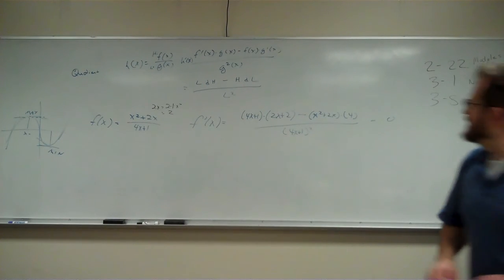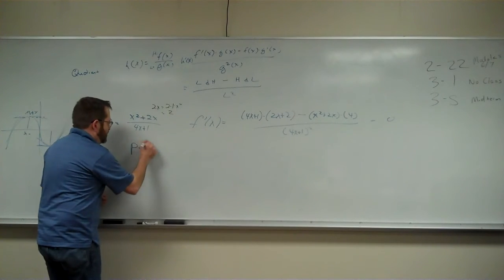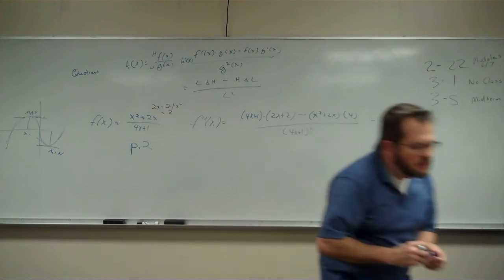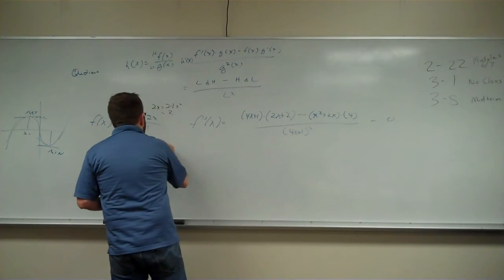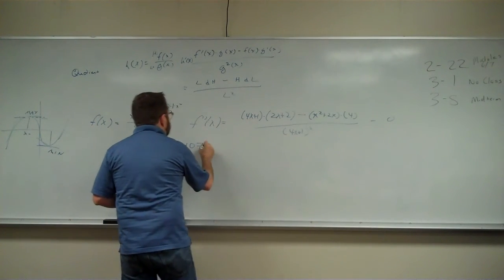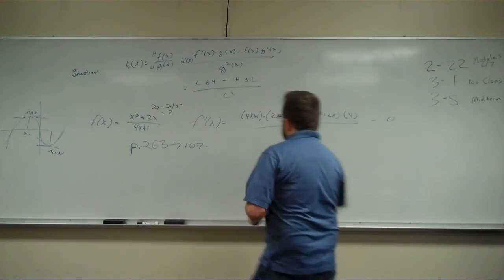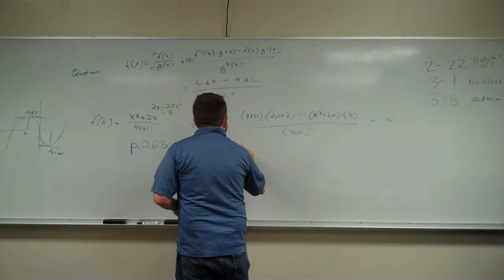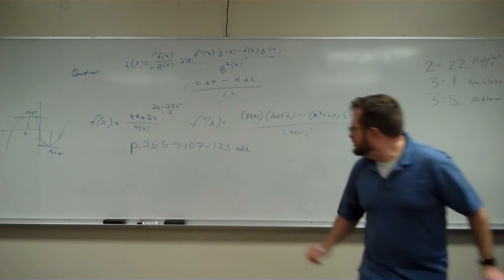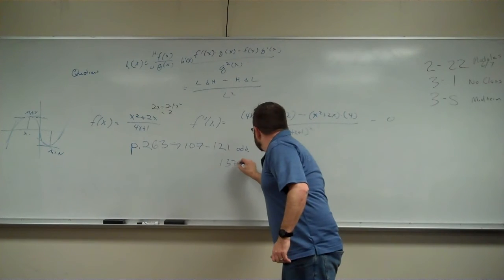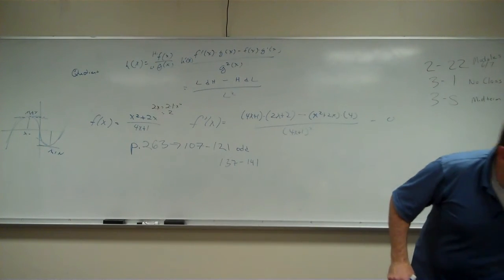In fact, it's surprisingly few. It is on page 263. Numbers 107 through 121 odd. And 137 through 141 odd.